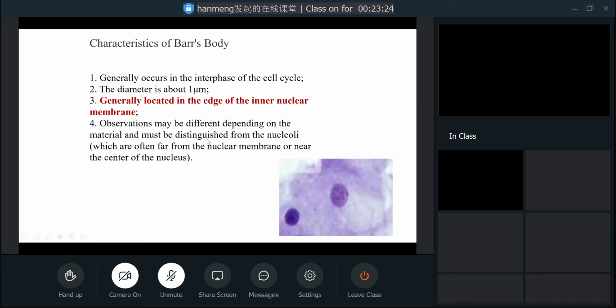And finally, you should distinguish the Barr body from the nucleolus. The nucleolus is often far from the nuclear membrane or near the center of the nucleus. In the picture on our PPT, I didn't use an arrow to point out the Barr body, but here is a Barr body with condensed dye.